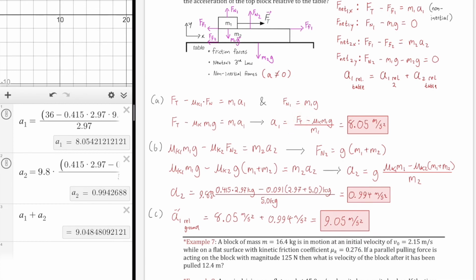So if you didn't know that block 1 was on something that was also accelerating in the same direction, you might think there was a larger force at play to create this larger acceleration. That would be the idea of a fictional force, a force that doesn't exist, but naively could be applied to explain this larger value. But what's the correct explanation? Relative accelerations and non-inertial reference frames.